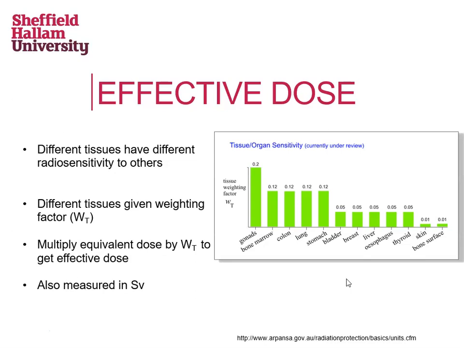And then we also have an effective dose, and this is to reflect the fact that different tissues respond differently to radiation in different ways. So the gonads particularly will undergo lots of DNA damage. If you think about the testes, very rapidly producing lots of sperm cells.